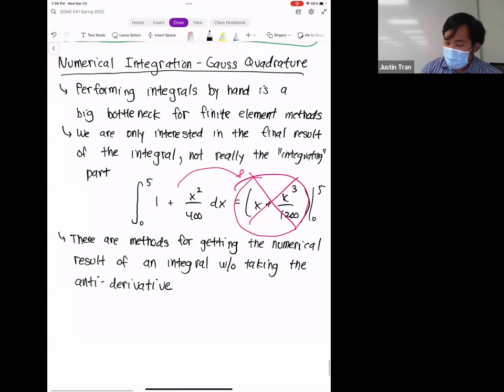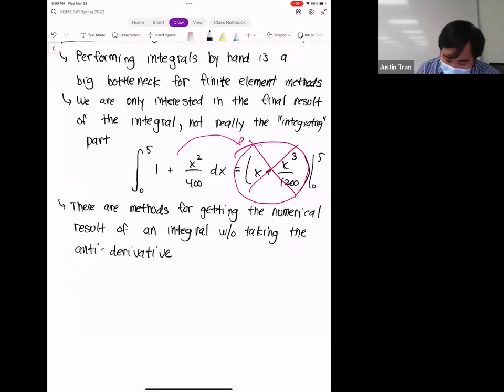Those methods are called numerical integration, Gauss quadrature, just like the title of this section. And the idea with Gauss quadrature is that if you have the integral, and let's say that this is evaluated at, I don't like these symbols, but I might as well use them because they're standard.